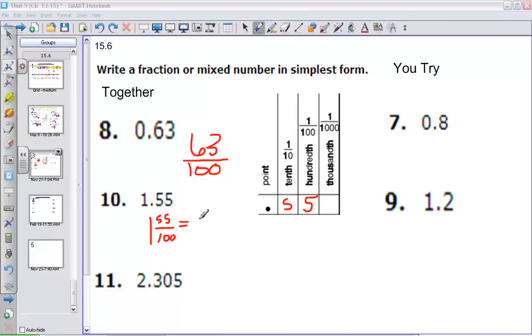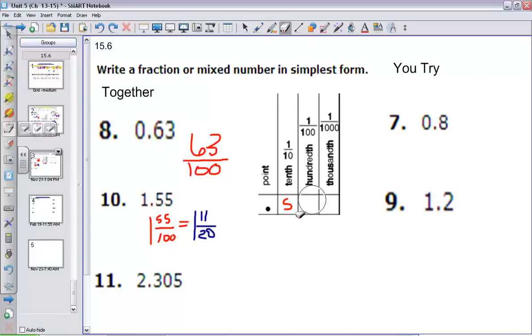I know that it can at least be divisible by 5, so I'm going to divide 55 by 5, and rewrite my whole number. 55 divided by 5 is 11. 100 divided by 5 is 20. So in simplest form, I have 1 11/20.